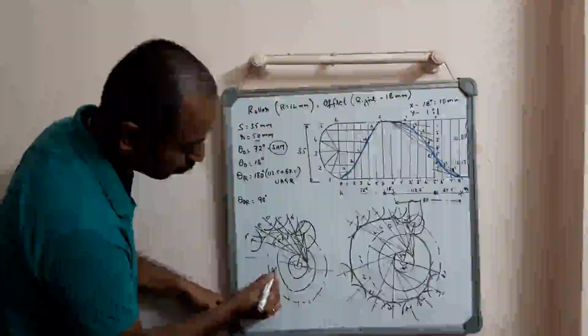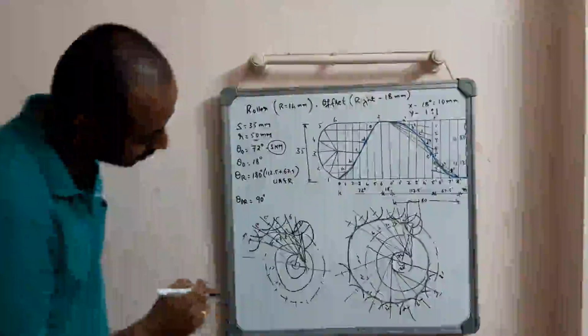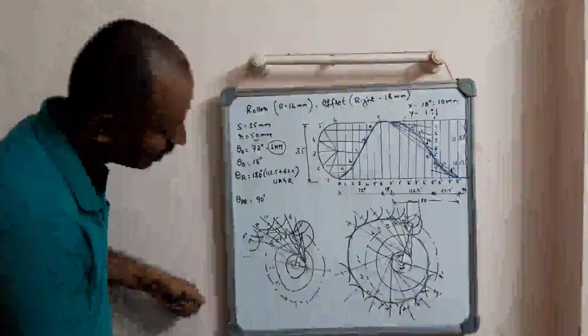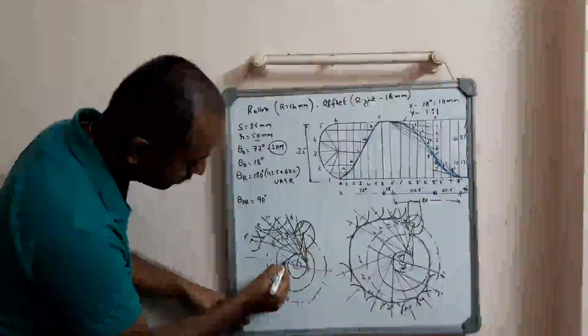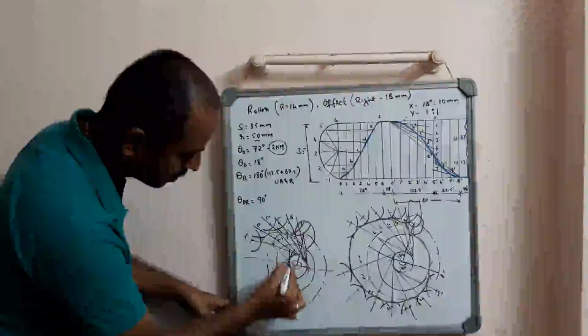These are our 1 dash, 2 dash, 3 dash, 4 dash. Then passing through these 1 dash, 2 dash, 3 dash, draw the tangent lines like this.